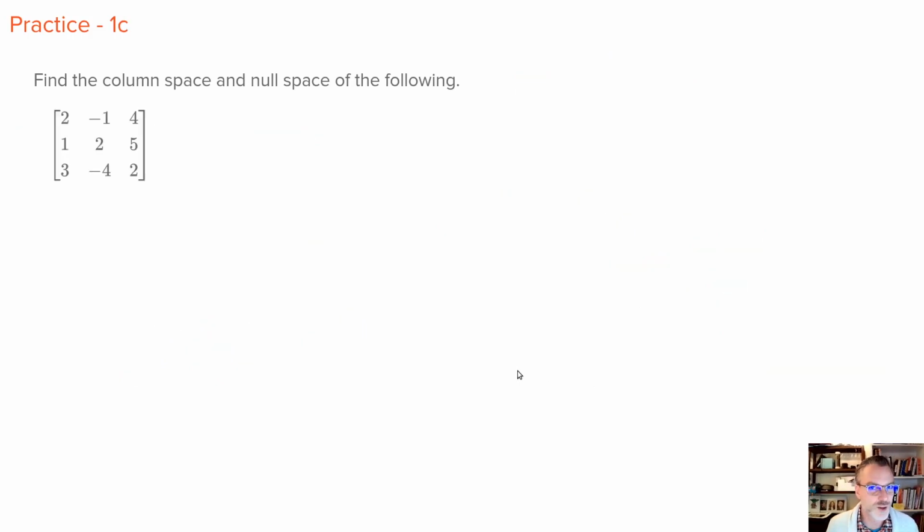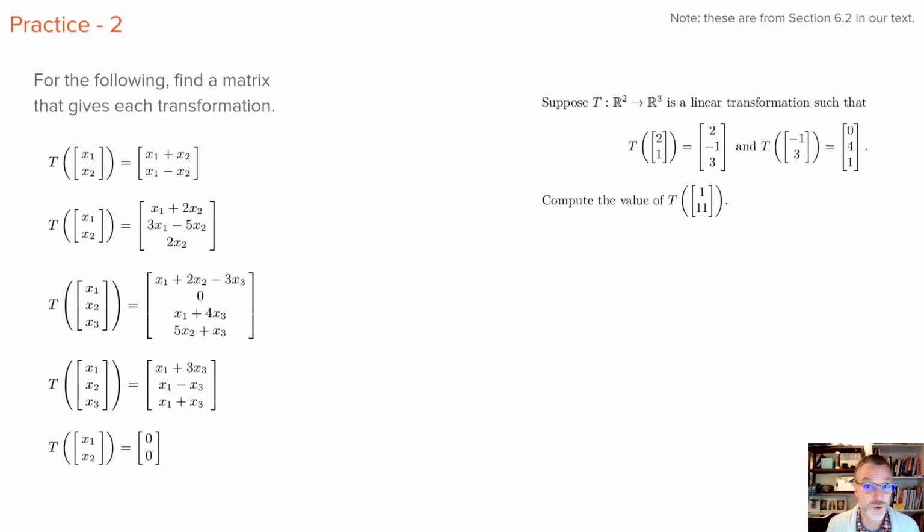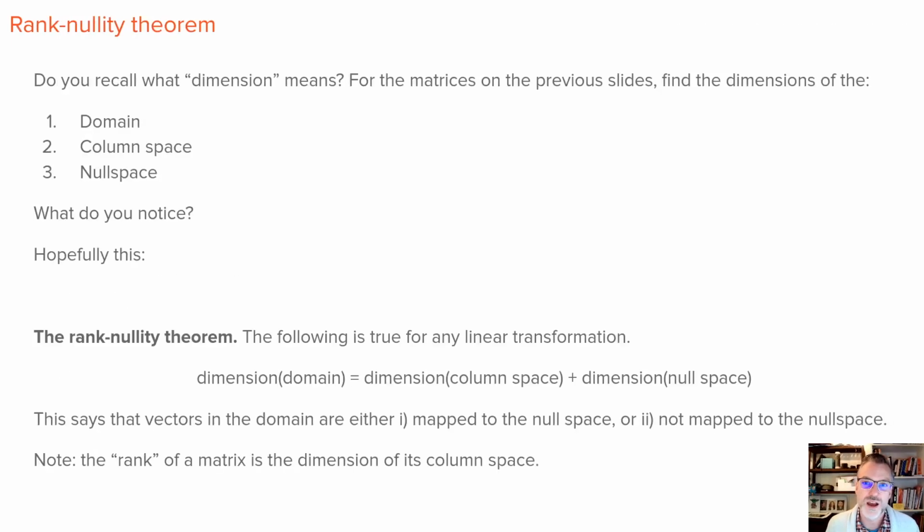I encourage you to try some of the methods that we saw already to answer the question for this matrix here: what the column space and the null space are. And here are some more practice problems. But in terms of this topic, there's one fundamental idea that I've been using already in this video: nothing really gets lost under that multiplication.